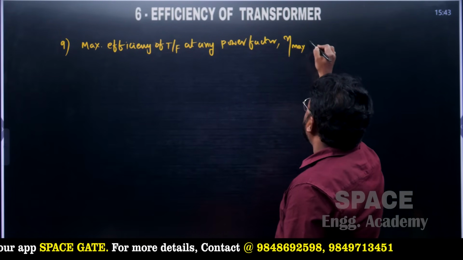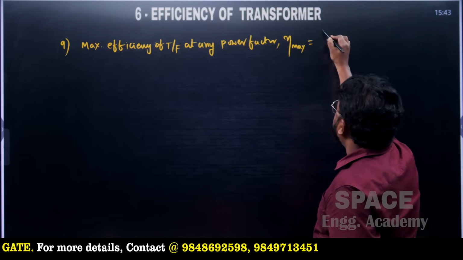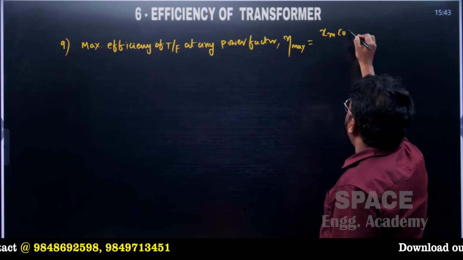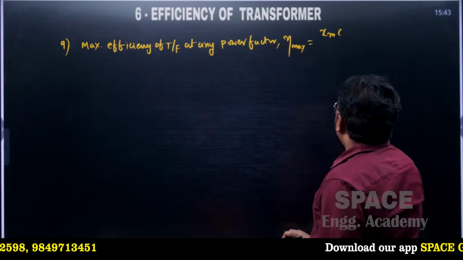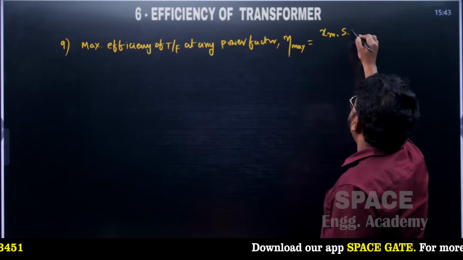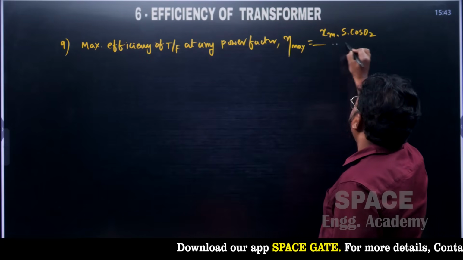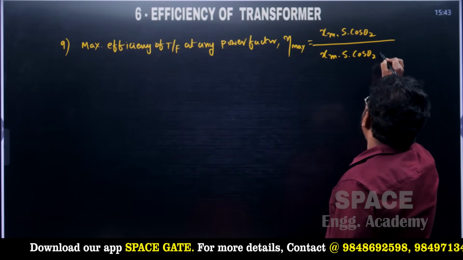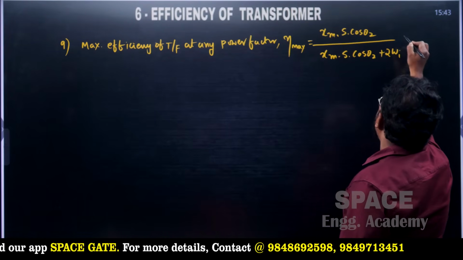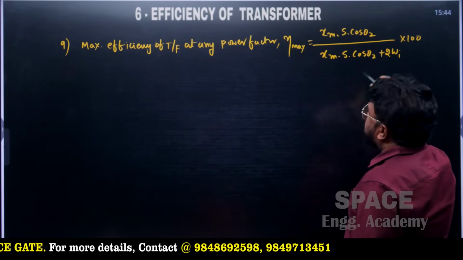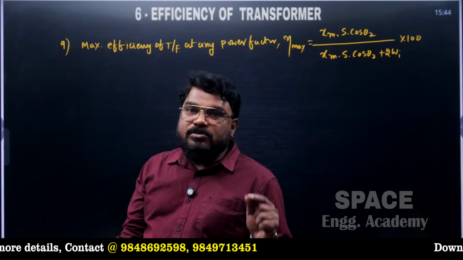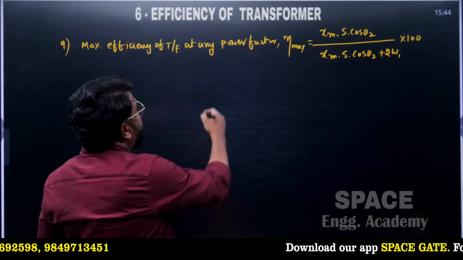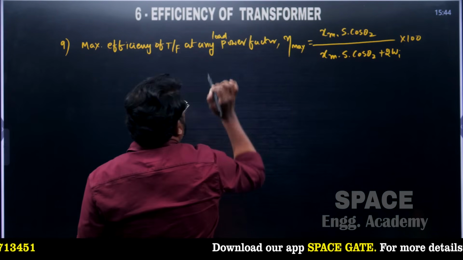Maximum efficiency is equal to xm into S cos theta 2 divided by xm into S cos theta 2 plus 2 times the iron losses, multiplied by 100. I will tell you what is the meaning of xm. This is the formula to find out maximum efficiency of the transformer at any load power factor.